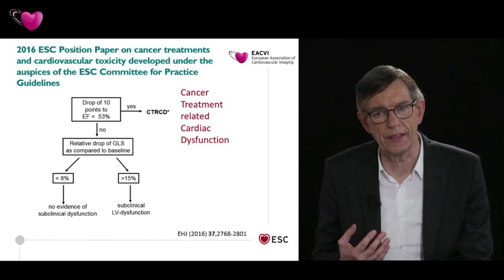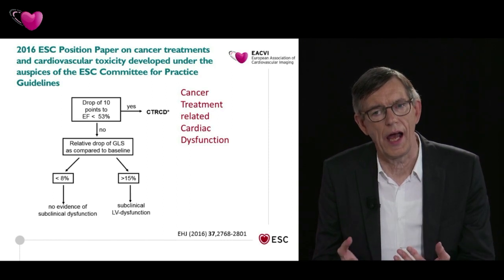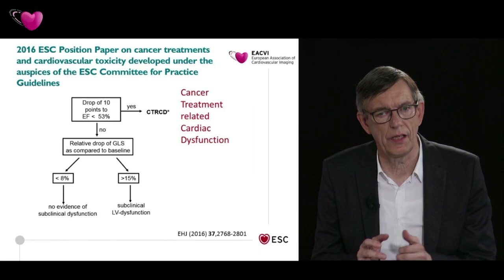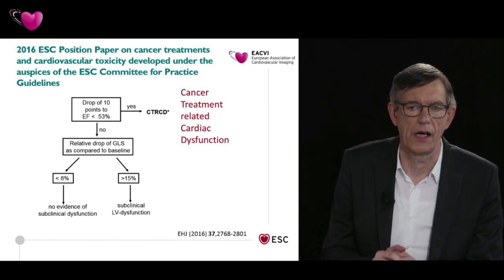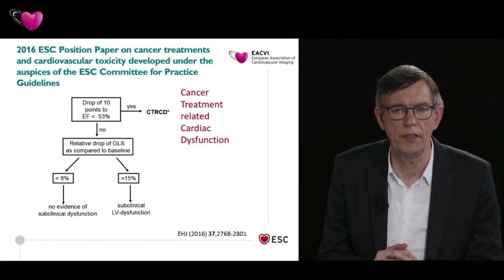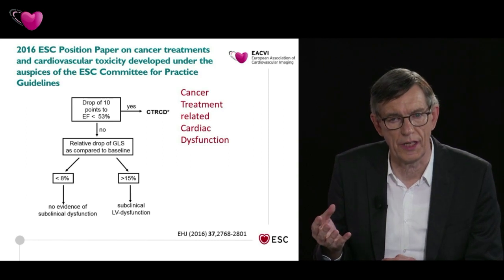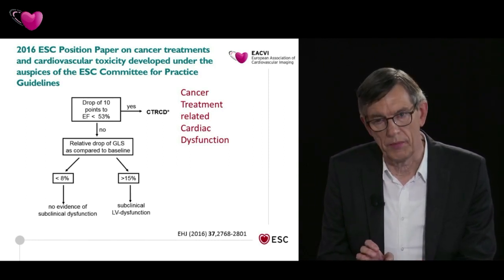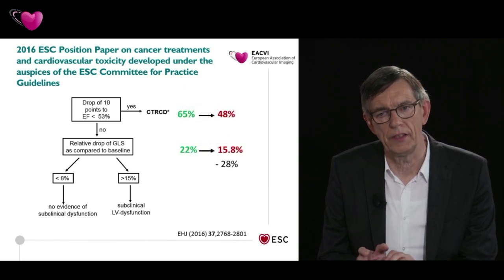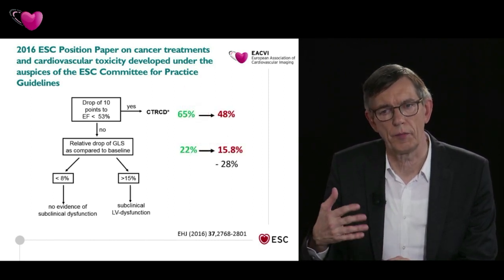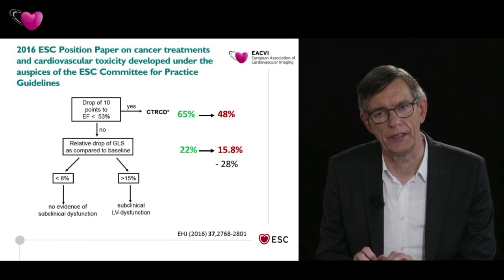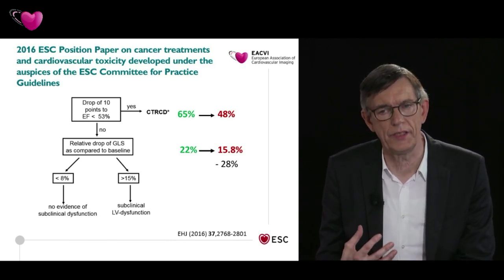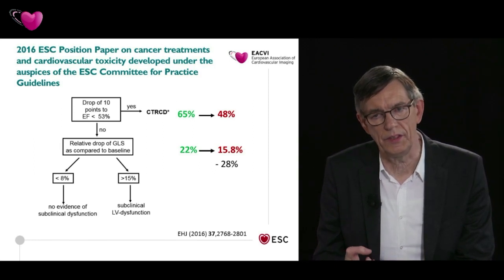The GLS is only helpful if we are not below these thresholds, and then, depending on the amount of reduction, a 15% relative reduction, we would diagnose subclinical dysfunction. But in our case, the GLS is only a confirmation of the contrast findings, and with contrast echocardiography we usually are pretty confident about what we see.